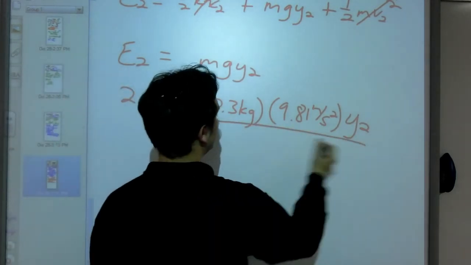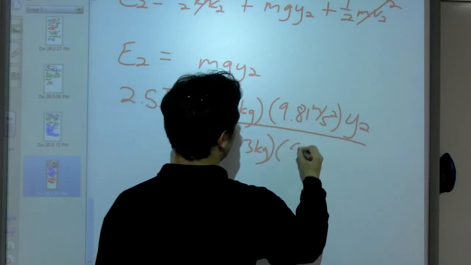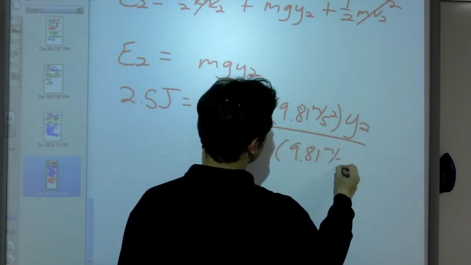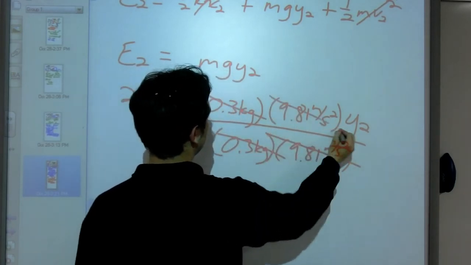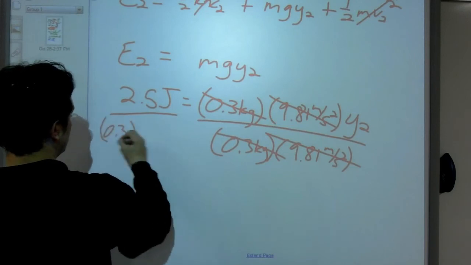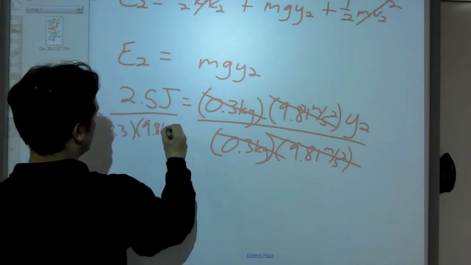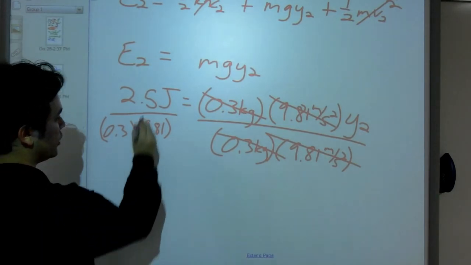So I divide by 0.3 kilograms and 9.81 meters per second squared, do the same thing over here, and the kilograms cancel and I'm left with just meters.